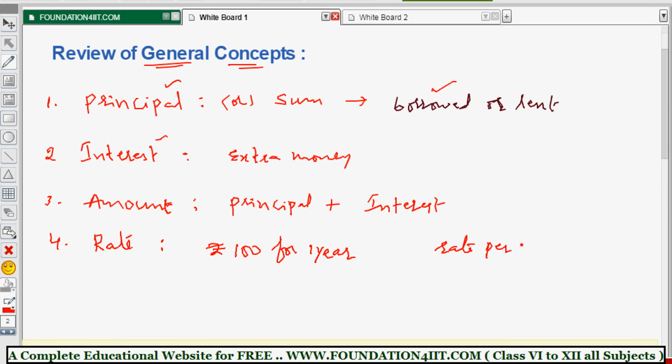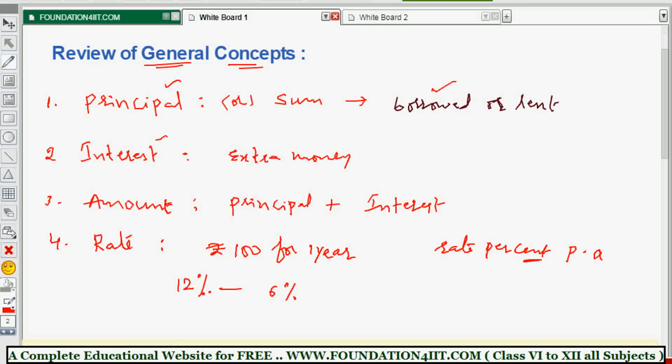Cent means 100. For example, if it is 12%, for every 100 rupees after 1 year we need to pay 12 rupees. That is 12% per annum. If it is 6%, we need to pay 6 rupees after 1 year for every 100 rupees. If it is 200 rupees, 2 into 6. 300 rupees means 3 into 6.